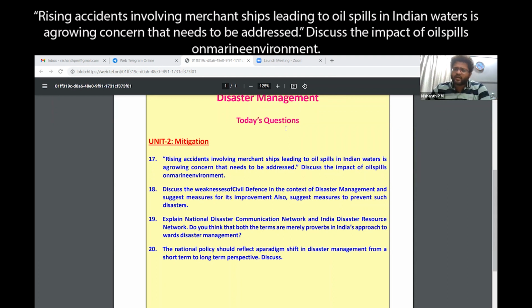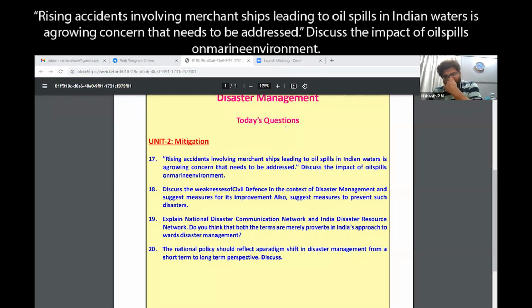Here, when merchant ships undergo an accident or collide with each other, and one of the ships is carrying significant amounts of crude oil, that situation is called an oil spill into the waters. So you can give a recent example.